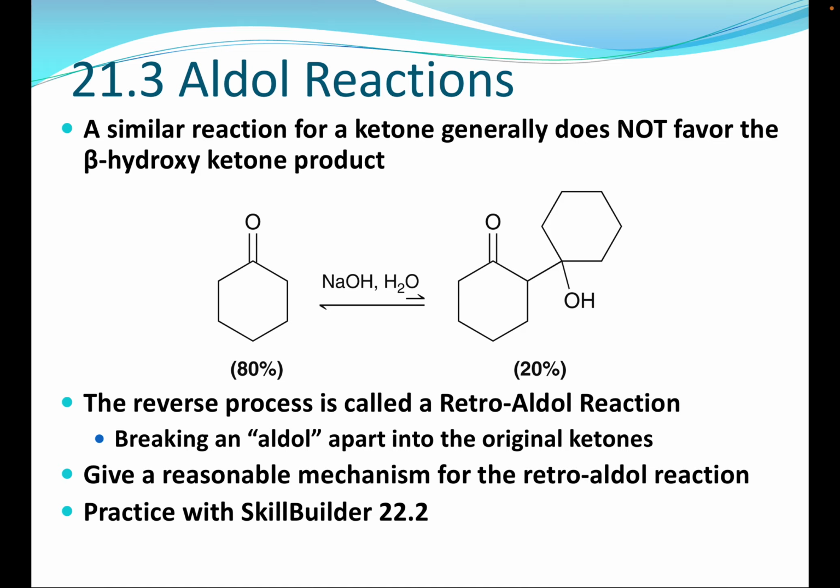For our ketones, we do not see the same equilibrium ratio. Generally speaking, our ketones are favored as opposed to our product, which in this case is a beta hydroxyketone instead of being a beta hydroxyaldehyde, because of course this is our alpha position and there's that beta position again in the final product.